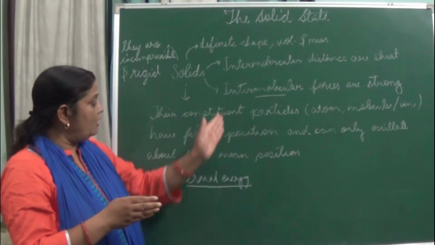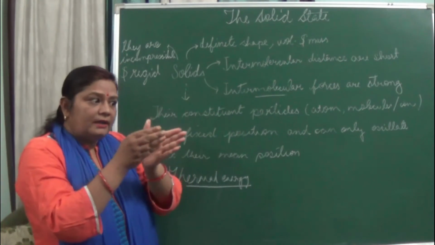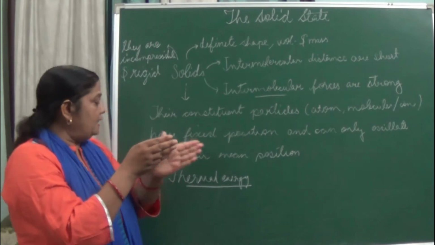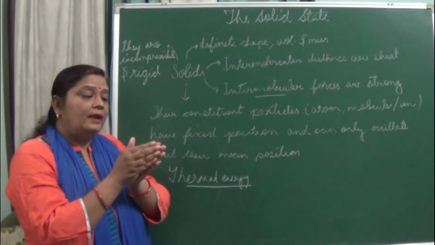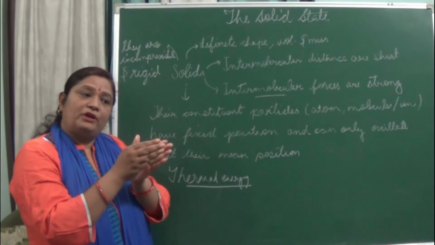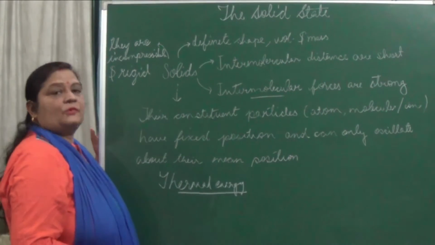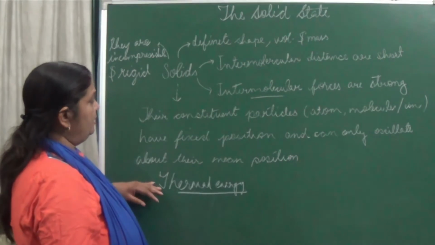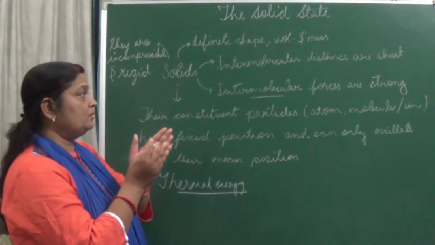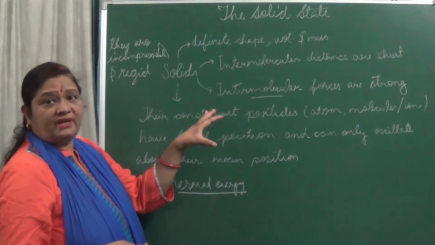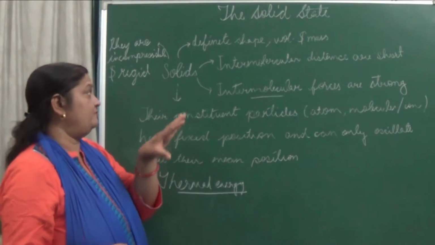So these two are opposite things. Intermolecular forces, they bring the atoms together, and here thermal energy plays a role in getting the atoms and molecules away from each other. Okay. So at low temperature, it favors solid exist in a proper manner. It is favorable for it.